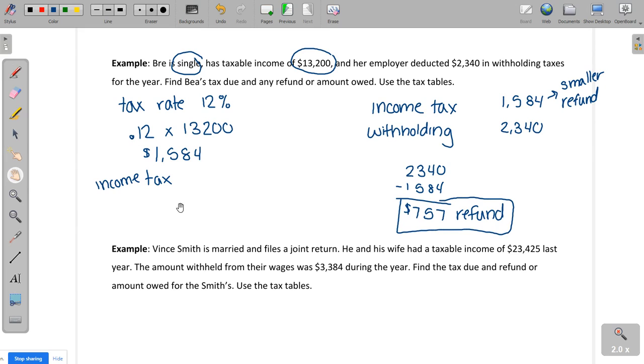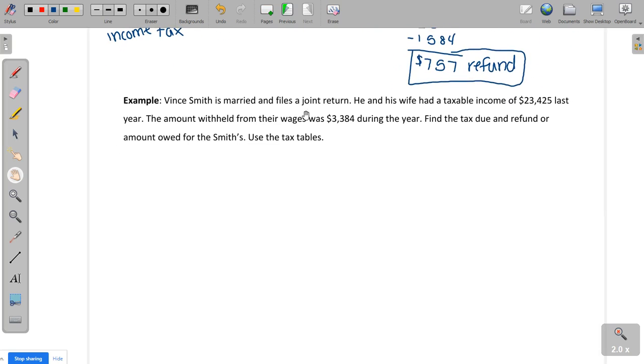Okay, let's look at the last example. Vince Smith is married and files jointly. He and his wife have a taxable income of $23,425 last year. The amount withheld from their wages was $3,384. We need to find the tax due and if it's going to be a refund or if he's going to owe more.